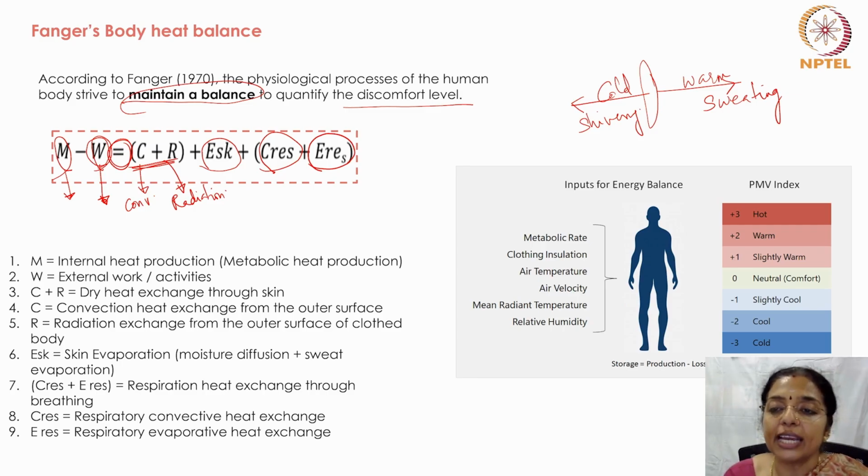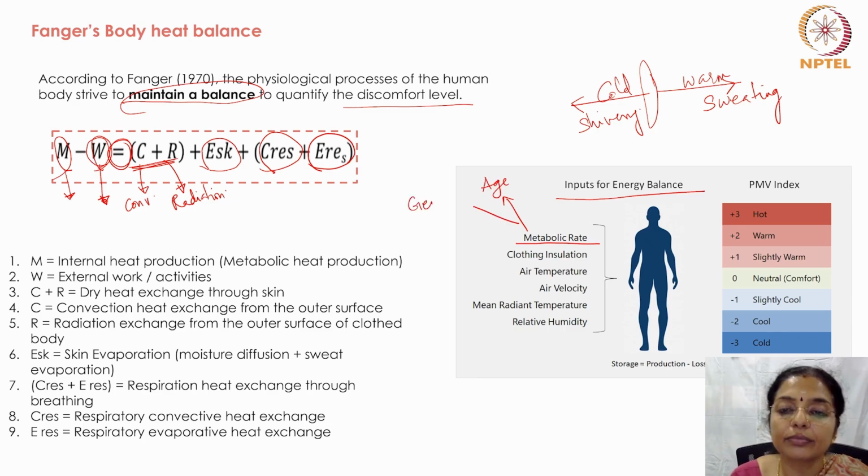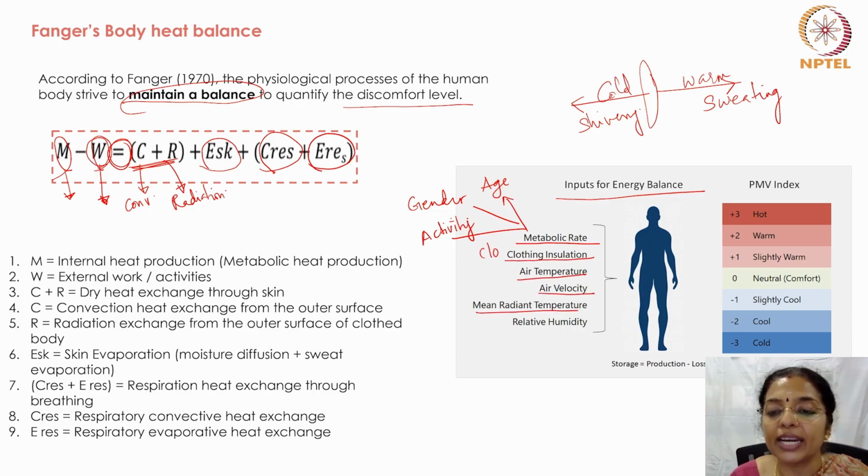Now, what is the input for energy balance? The input for energy balance is your metabolic rate, which depends upon your age, gender, activity, the clothing insulation level, which I said is measured in clo, the air temperature of the place, the velocity of the air in the place, the mean radiant temperature and the relative humidity.